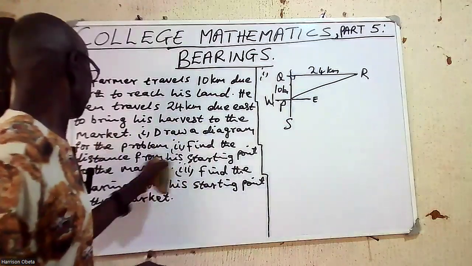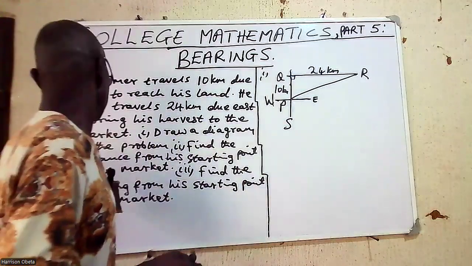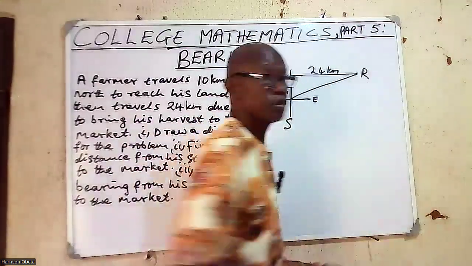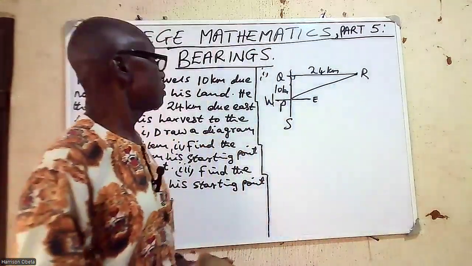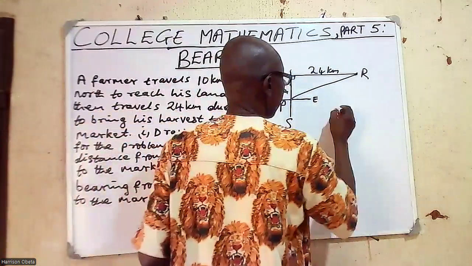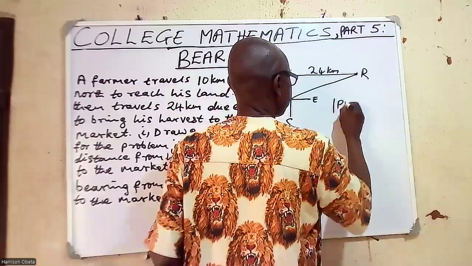The second question: we have to find the distance from this starting point to the market. So we are taking R to be the point where the market is. In other words, we are now looking for PR.